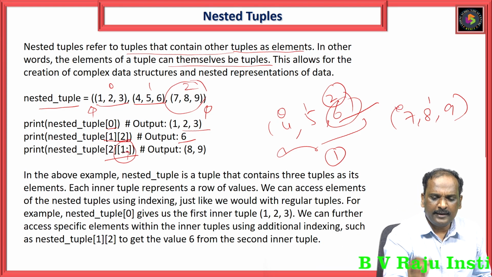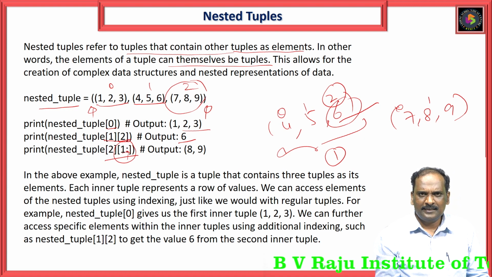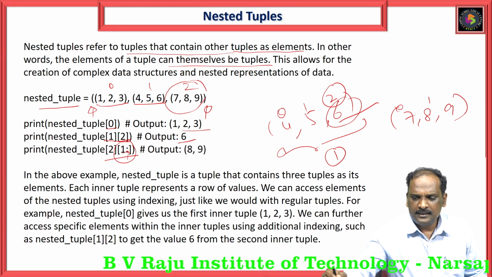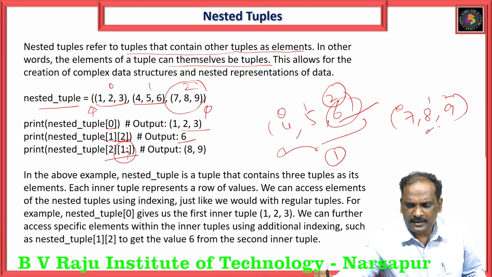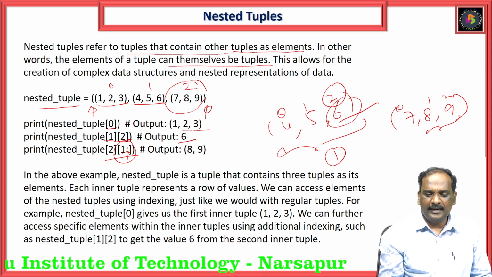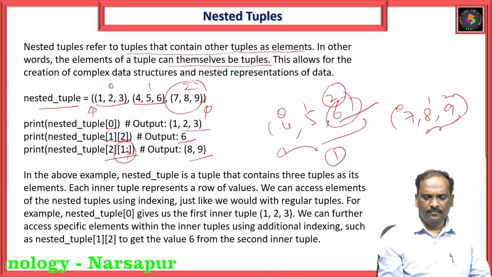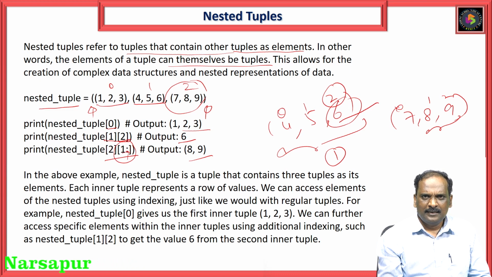I have not written any second index, so that means the entire range of values. So what are the other elements it is containing? It is containing 8 and 9. So here you can observe that 8 and 9 is a tuple. So in this way we can access a tuple or a value or a range of values inside a tuple by using slicing or by using subscript.